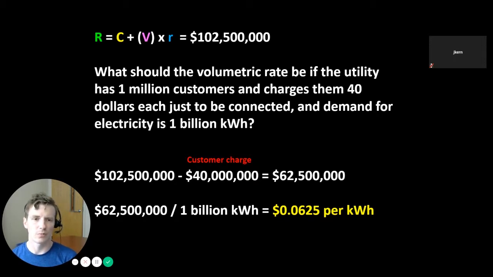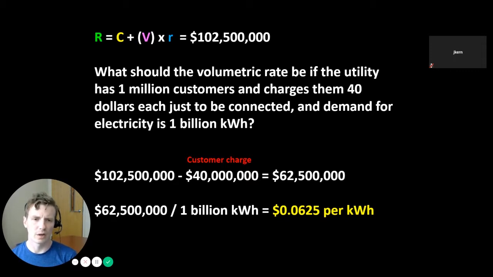So we can first subtract that $40 million, which is the fixed charge for customers, from the target revenues of $102,500,000, and that gives us some leftover amount that we need to make by volumetrically selling electricity, and that leftover amount is $62,500,000. So we can say demand for electricity is 1 billion kilowatt hours.